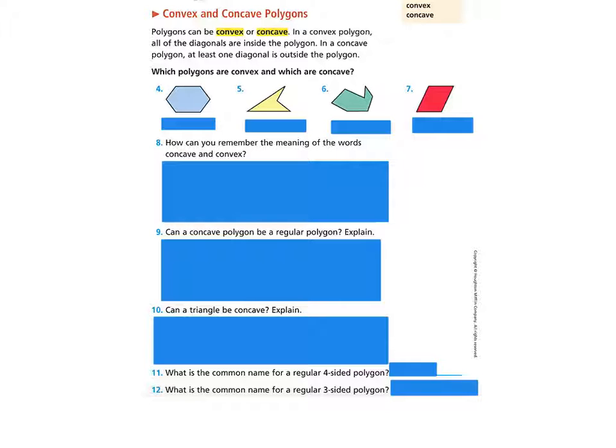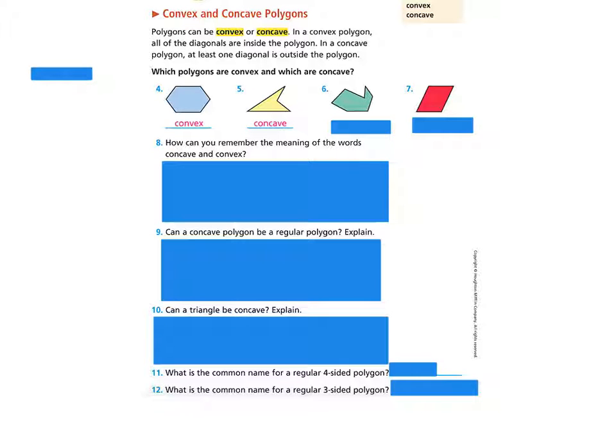If I look at these different images here, convex means none of them are going in to the polygon. So number 4 is a convex polygon because it's not going in. But number 5, see how the polygon is going in there on the right hand side? So we're going to say that that is a concave polygon.